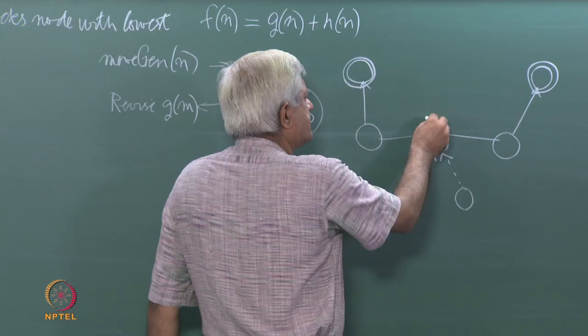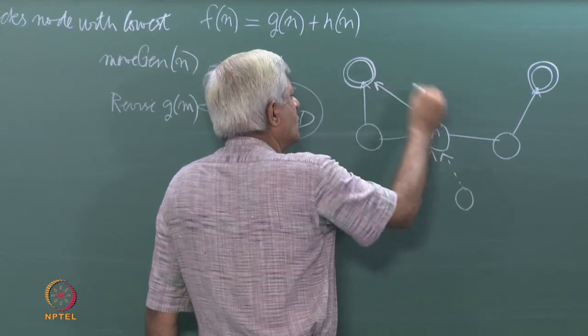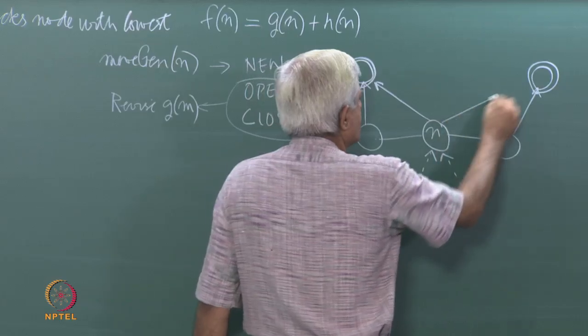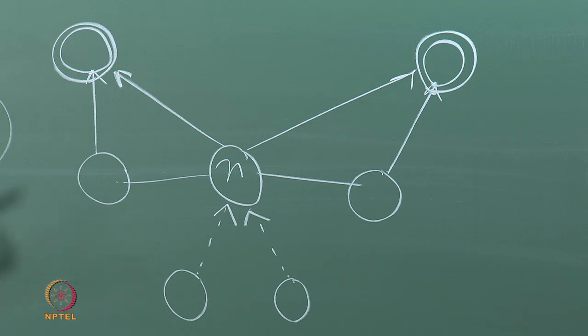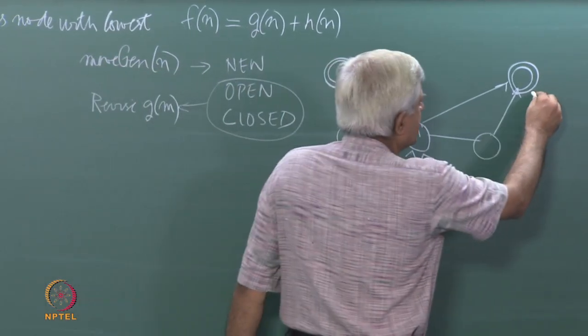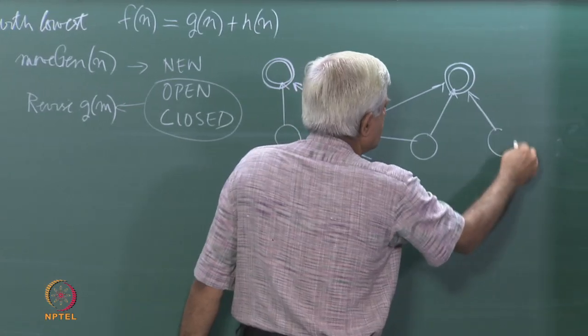And lastly, you may get nodes which are on closed. So, for example, these two nodes, in which case not only you have to update the g values of those two nodes which are on closed, but also any nodes which might be pointing to them.